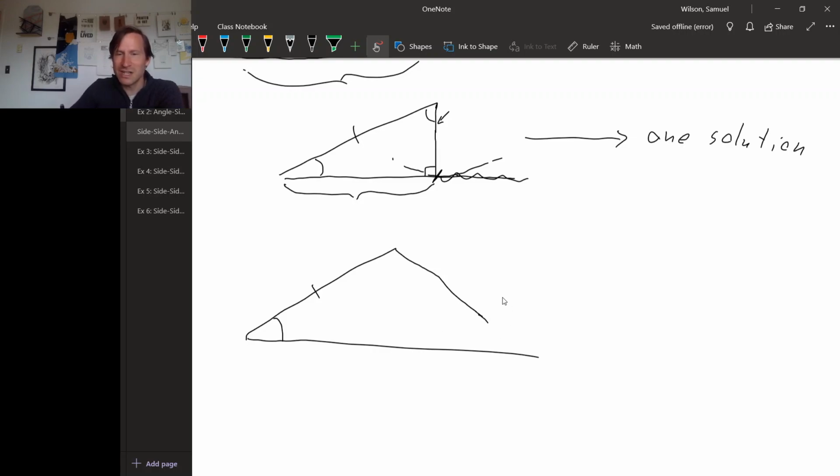If it just reaches the bottom, then it's a right triangle. But if it's longer than it needs to be, imagine changing the angle at the top to swing this down until it makes a triangle. If you swing it down far enough, you can make a triangle. So here is one possible triangle, right there, there, and there.